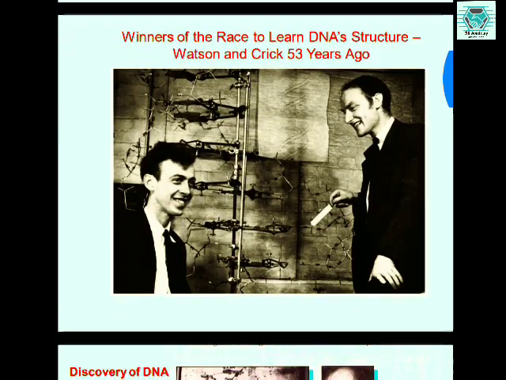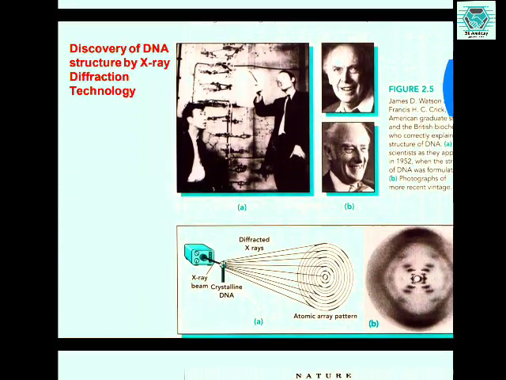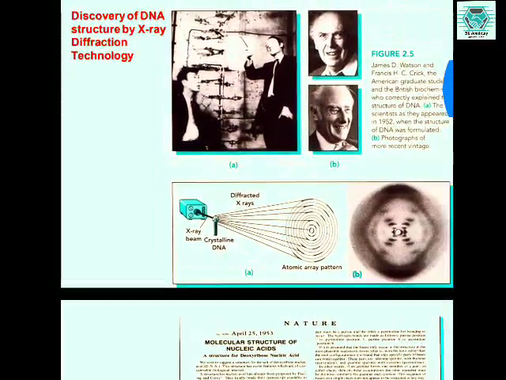Now, who discovered the structure? Watson and Crick, more than 53 years ago. They are the Nobel winners of the race to learn DNA's structure. So in the identification of DNA structure, what was done? The discovery of DNA structure by X-ray diffraction technology.